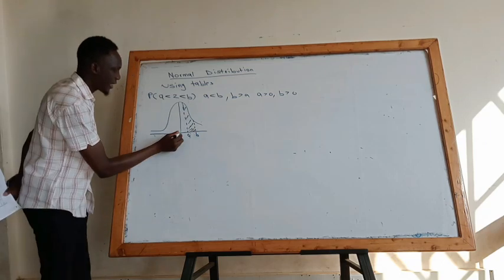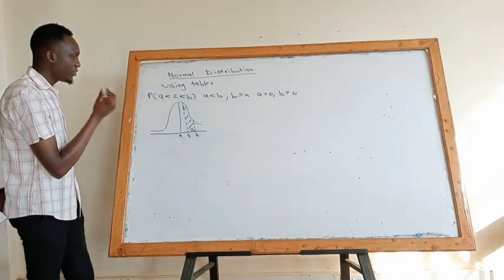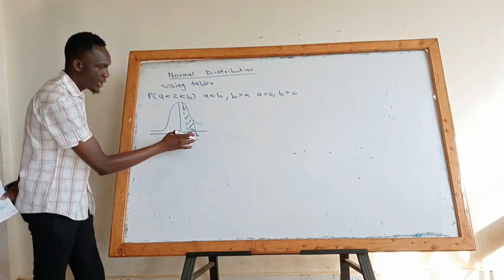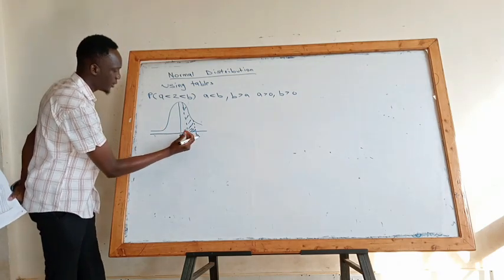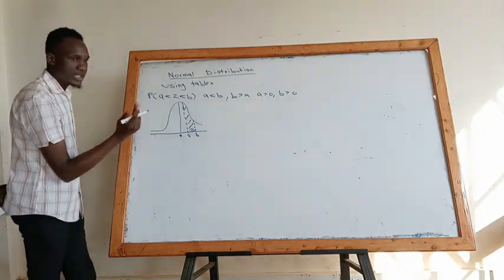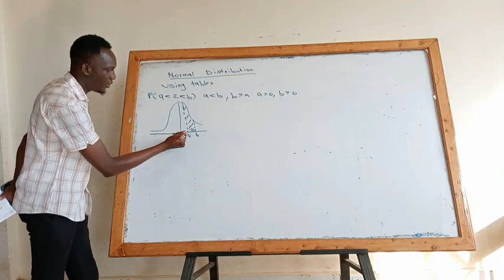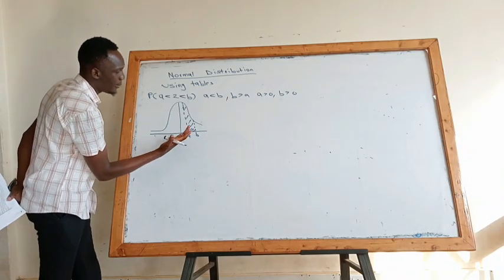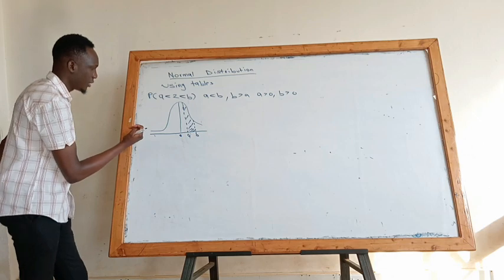To find the area under the curve, we need phi of B, which will give us the area from B to negative infinity, minus phi of A, which will give us the area from A to negative infinity.